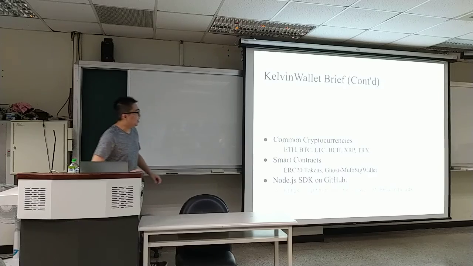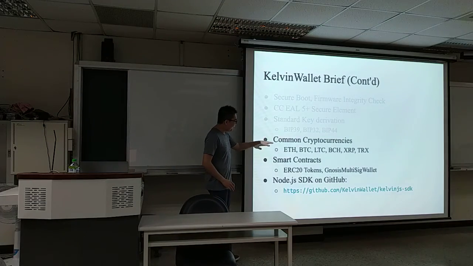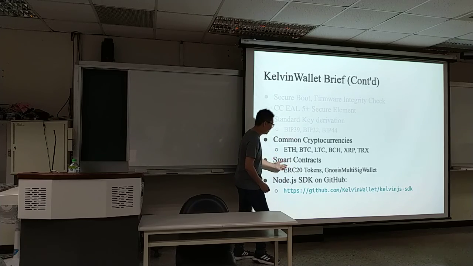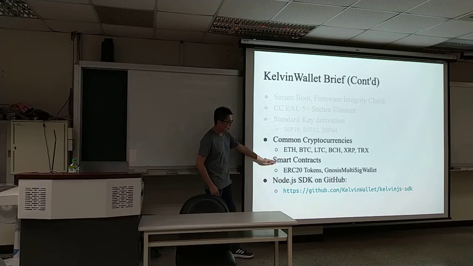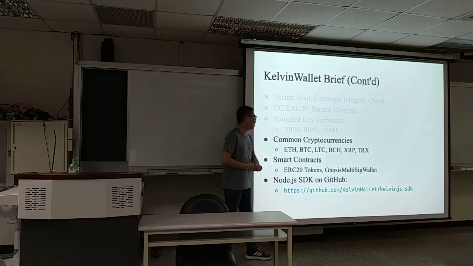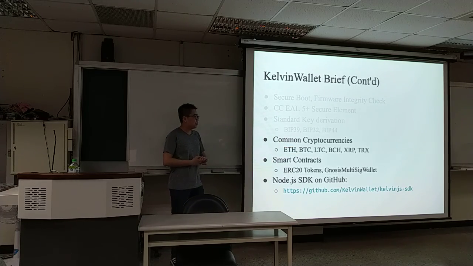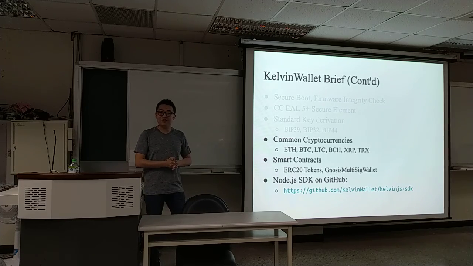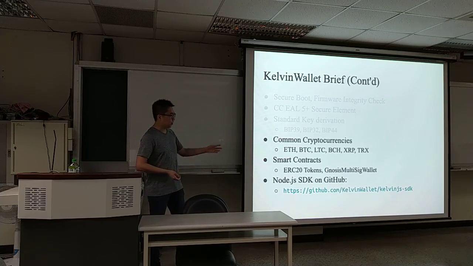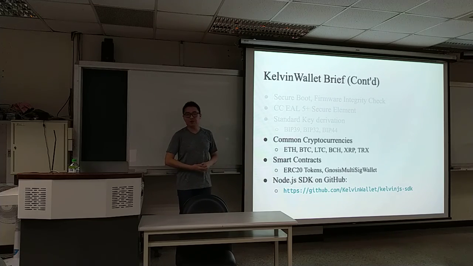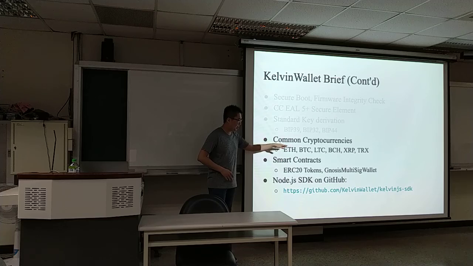Actually, as you can see, these cryptocurrencies and these two smart contract features belong to Ethereum, and all these cryptocurrencies are based on transactions that can be signed by the ECDSA algorithm. And currently, in the publicly available firmware version, we support just these currencies.